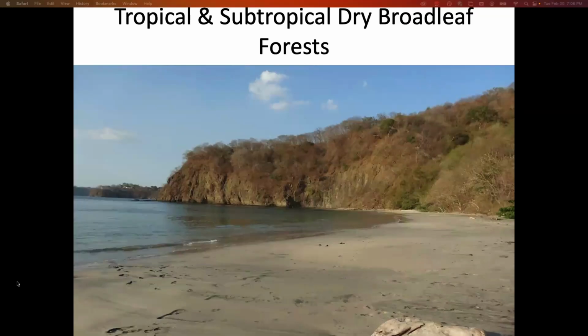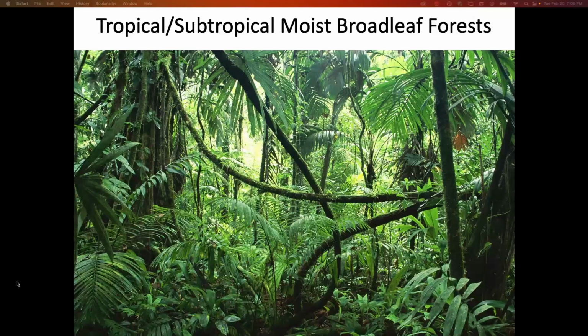Cold temperatures. Here, they drop their leaves because of dry conditions. They go through a dry period. They have a monsoonal climate where the rainfall has a distinct wet and dry season. And so in this case, you have tropical deciduous forests. And then finally, tropical rainforest and subtropical rainforest.